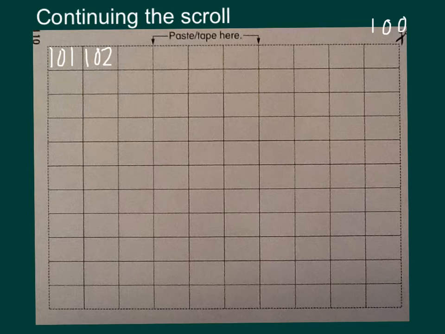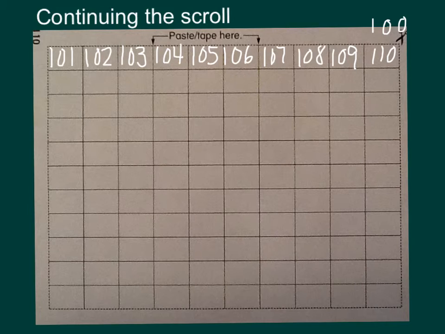Who knows what comes next? That's right, 103. Boys and girls, let's see if we can finish this row on our own. Take a moment and take a look at this grid now and see if it matches yours.